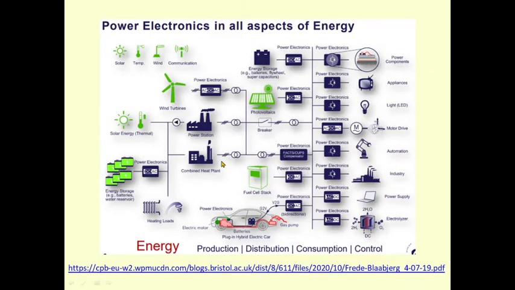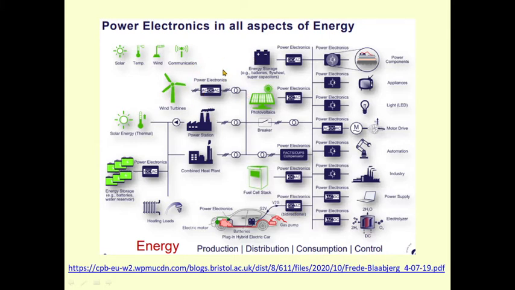Now you will appreciate that in every part of our energy systems, we need power electronics nowadays. In order to convert the energy that is stored in the battery to the industrial part, we need DC to AC converters. I leave it up to you to see wherever we are using DC power electronics.